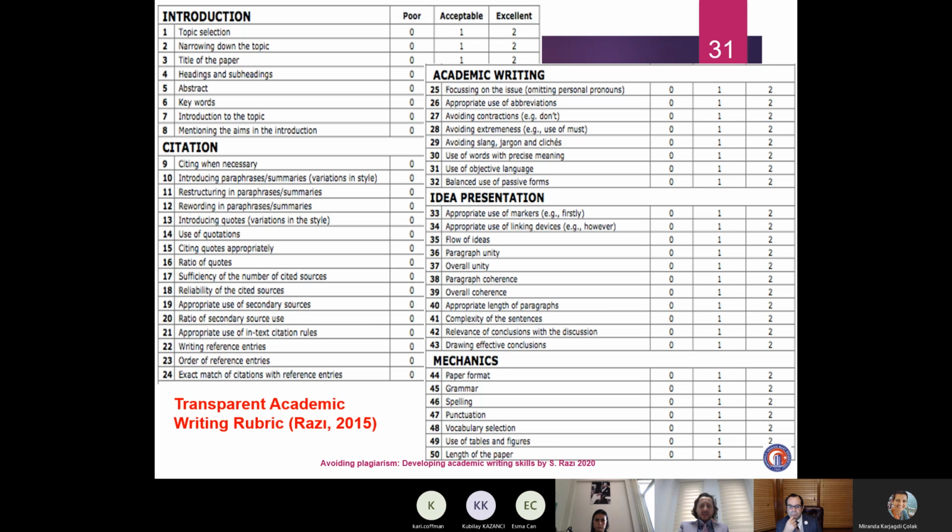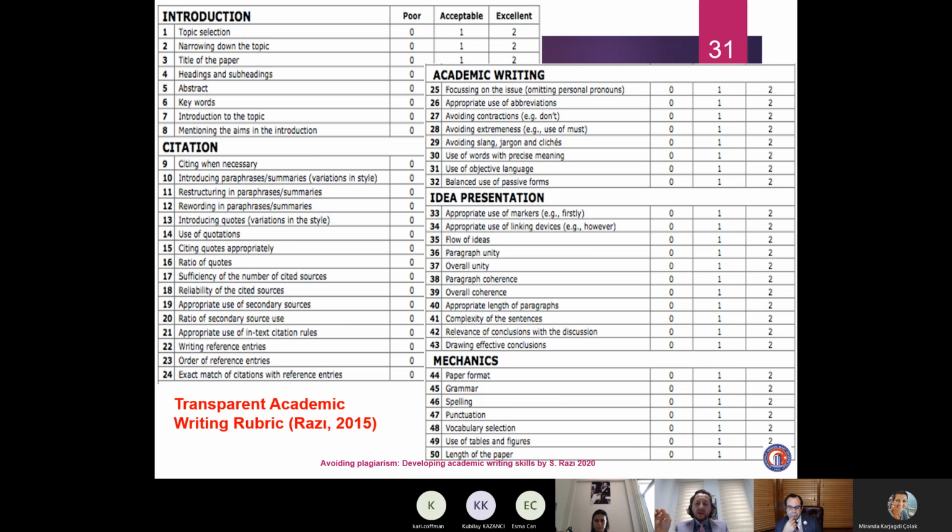This is the rubric that I developed. There are 50 items that I take into consideration, and I ask my students to provide feedback by considering the 50 items that are available here. It doesn't necessarily mean that, for example, with grammar, they need to correct or highlight every grammatical mistake.